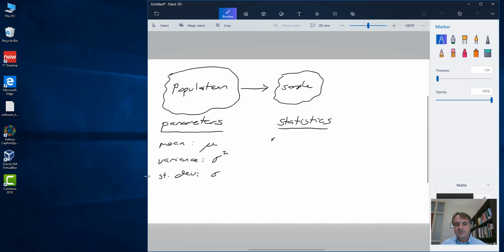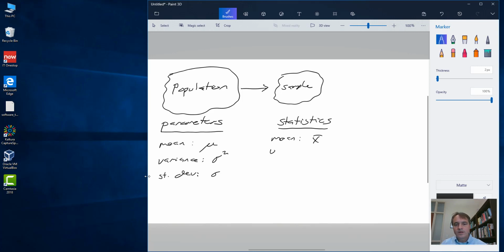So we're going to have a sample mean as well as the population mean. And instead of denoting it with the Greek letter mu, to keep it distinct from the population parameter, we're going to denote it as x bar, so x with a line over it. So this is our sample mean.